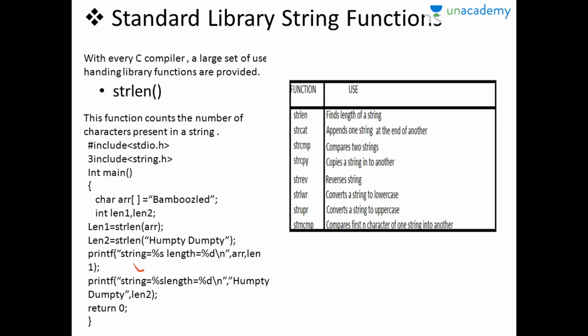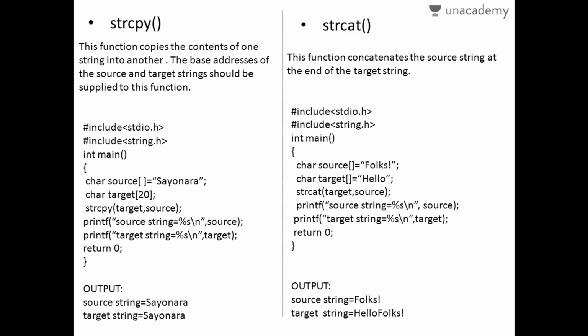When I want to print both of these, I'll simply use a printf statement. If I want to know the length of both words, word 1 for the array I have used and word 2, I'll simply use %s along with the length, and this length will be calculated with the help of strlen and given as an output. That was the function strlen.